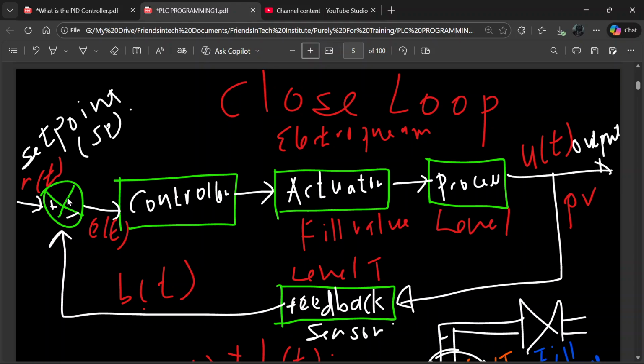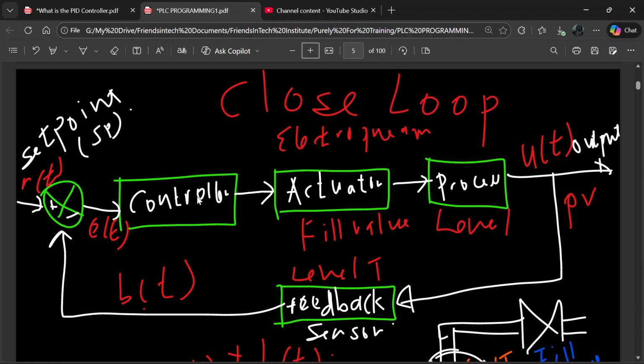At the error detector, we compare the set point and the actual level. When you compare those two, you can get a positive or a negative error. That error is fed to the controller. Based on control algorithms, the controller will give a manipulated signal to the actuator.